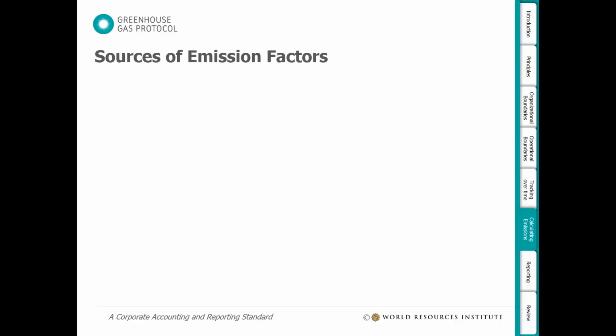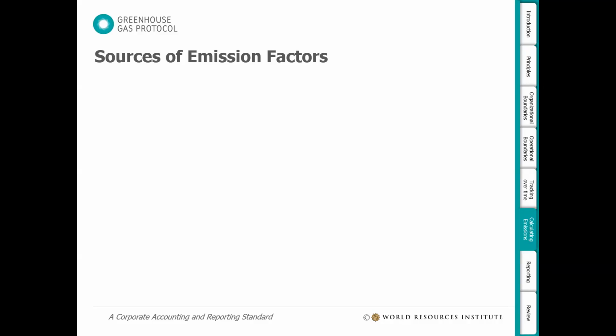The IPCC is the Intergovernmental Panel on Climate Change, and it's charged with developing the methods that countries use to develop and report national level greenhouse gas inventories. The IPCC emission factors are generally global defaults. That is, they're intended to be used internationally, regardless of country.